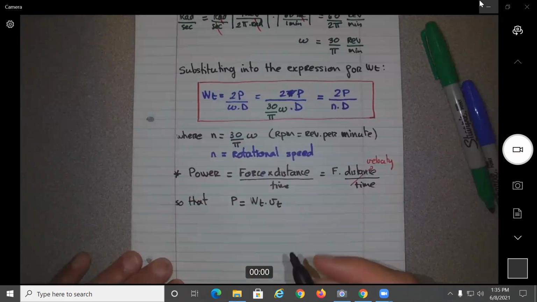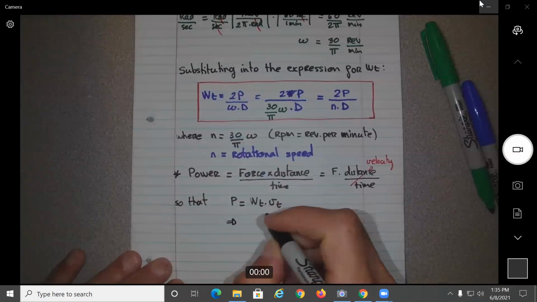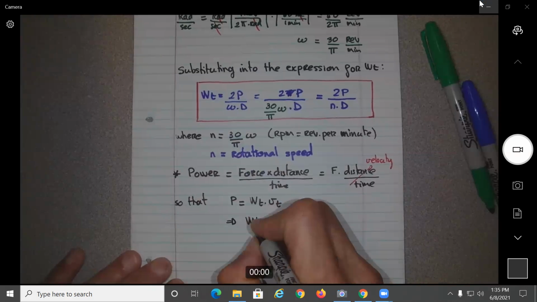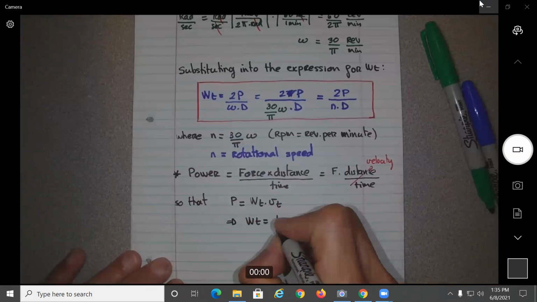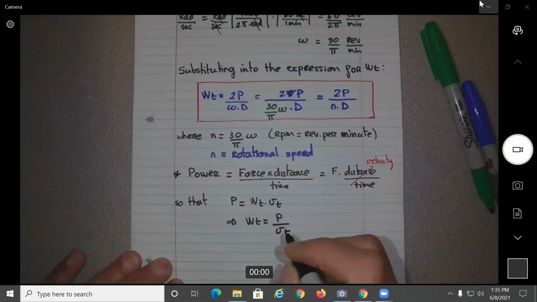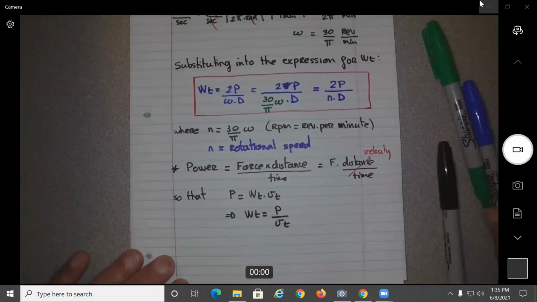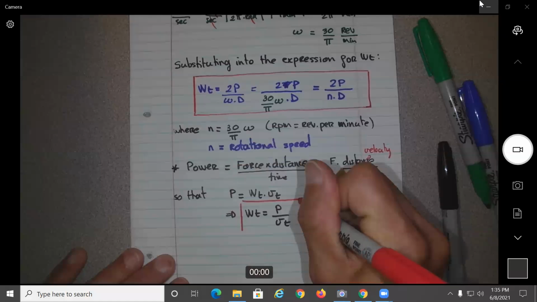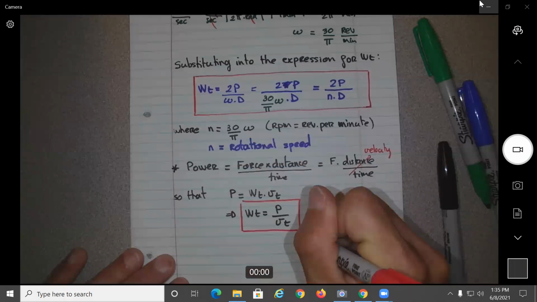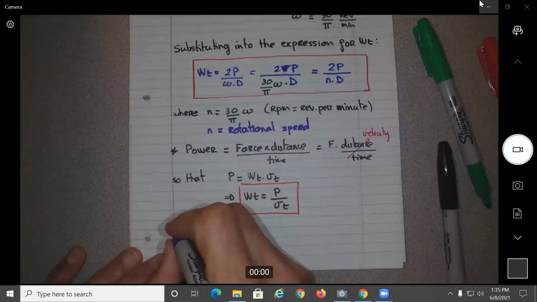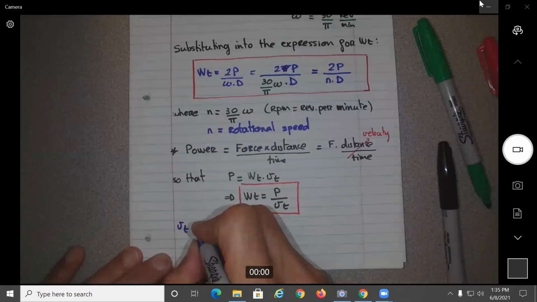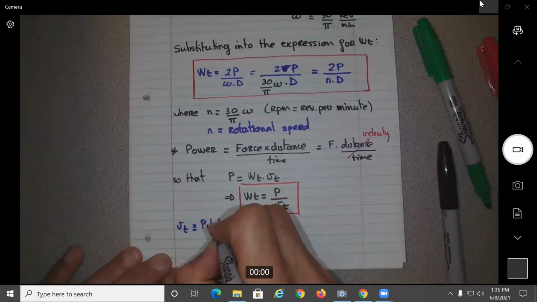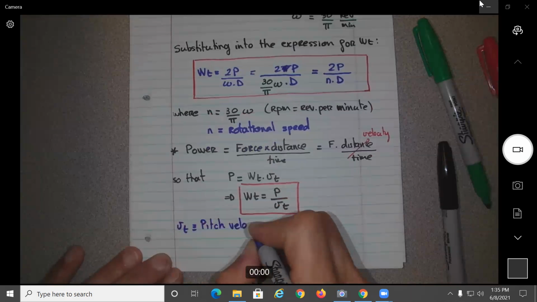Or from this one, the tangential force will be equal to the power divided by v_t. And v_t is what is known as the pitch velocity.